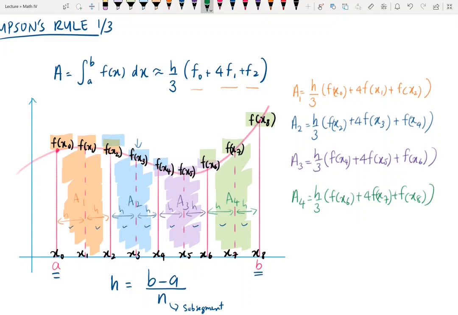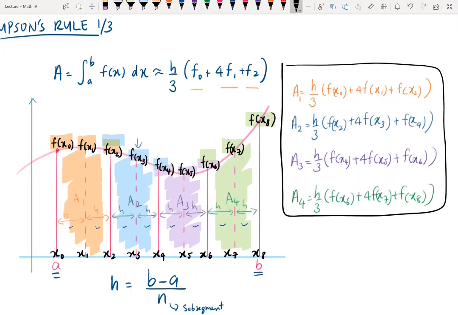Okay, so from these 4 individual areas under the graph, we can sum up to get the approximation for the integration for the function f(x). Ni function f(x) kita tadi kan. The curve tu function f(x) lah.